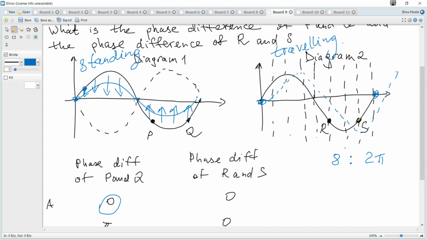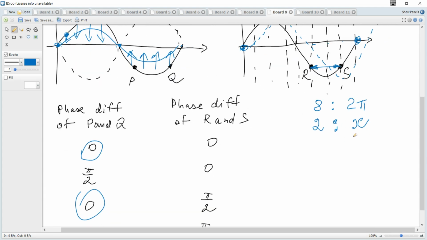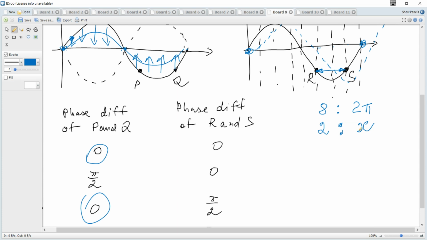And the distance between R and S, in terms of lambda, is what? It's 2 squares, and that corresponds to x, and from such a proportion we can find x, and x is the required phase difference. So it's 2 times 2 pi over 8, and you can see it's pi over 2.